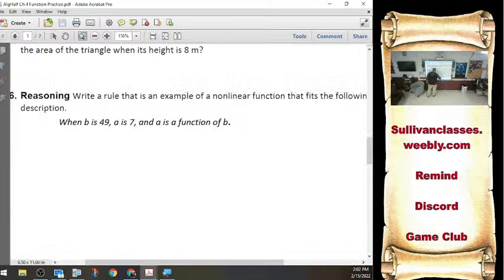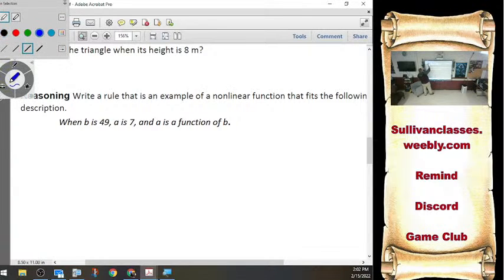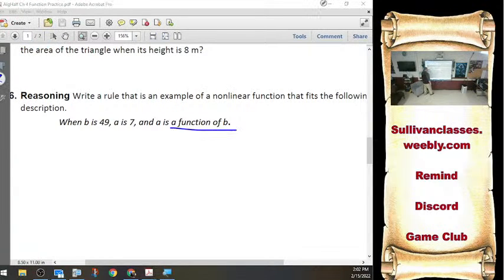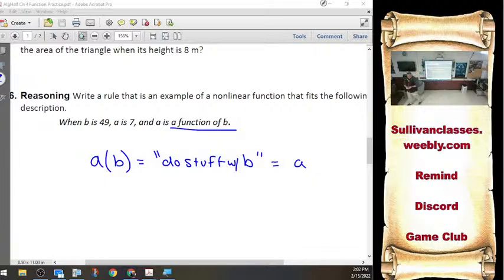Okay, that one was a little goofy. Write a rule that is an example of a nonlinear function that fits this description. So it's a function, and they say the words, A is a function of B. That means A, in terms of B, is do stuff with B, and it will get me A. That's what A as a function of B means.